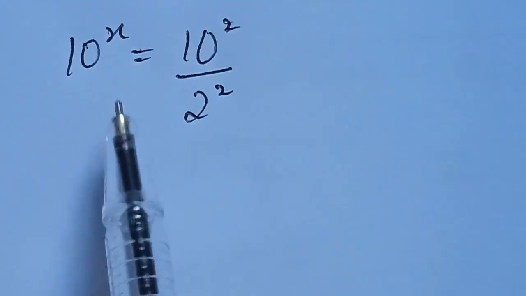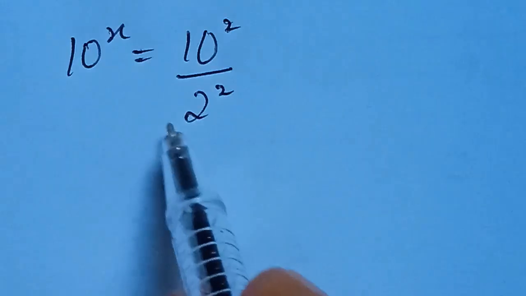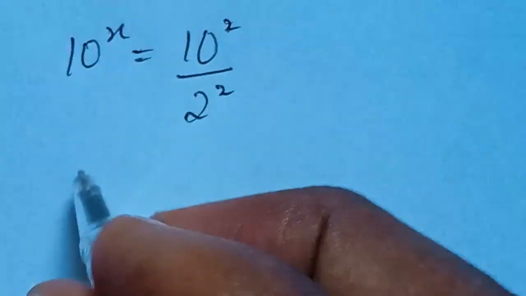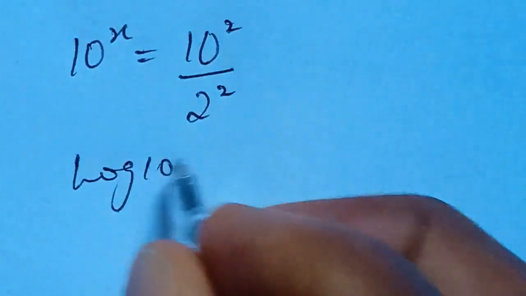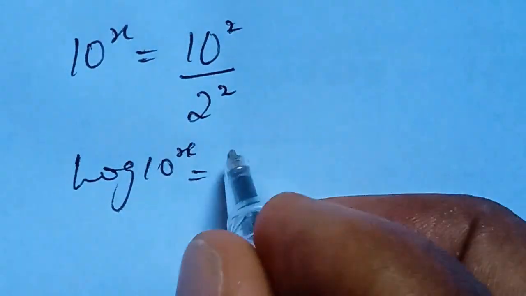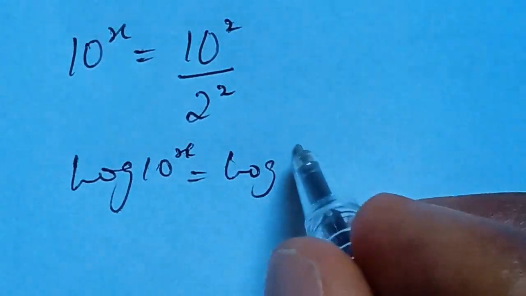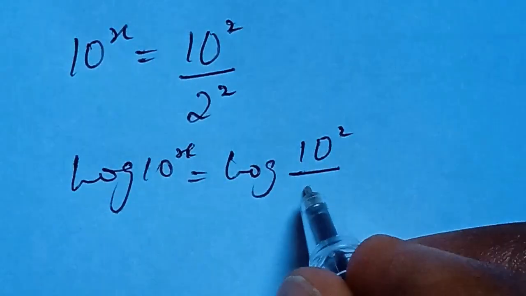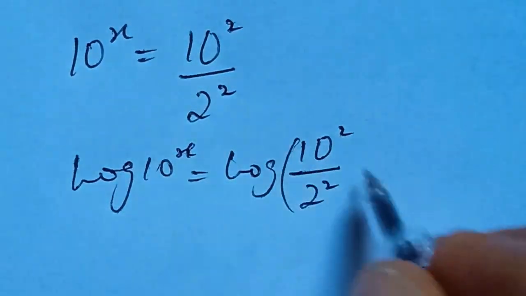Since our expression can be written as this, we can now take log of this expression on both sides. We now say log 10 to the power of x equal to log of 10 to the power of 2 over 2 to the power of 2.